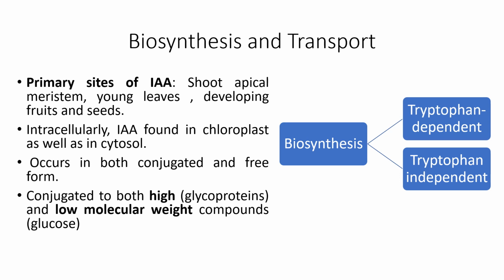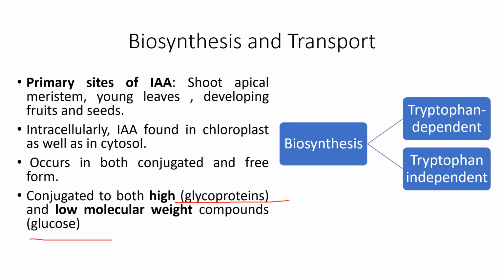Though IAA occurs in both conjugated and free form, it has been found to be conjugated to both high and low molecular weight compounds. In case of high molecular weight, it is glycoproteins, and in case of low molecular weight, it is glucose. So IAA conjugates are located exclusively in the cytosol.